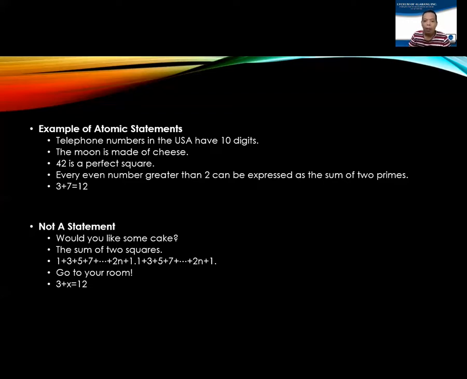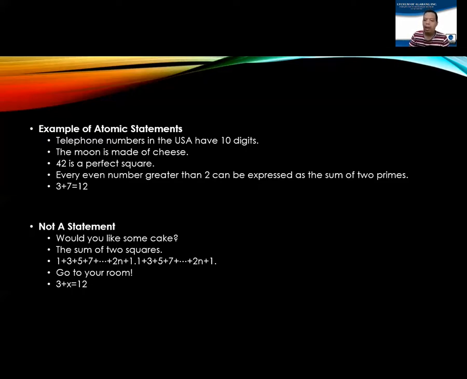For number 4, every even number greater than 2 can be expressed as the sum of 2 primes. This is again a mathematical proposition. If we examine the statement, there is an implied value being specified. Every even number greater than 2, meaning it could be 4, 6, 8, 10.